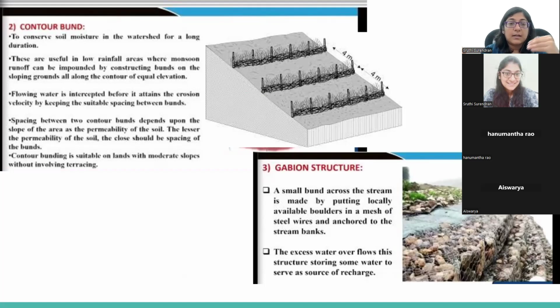This is why, if it is a soil with lesser permeability, these bunds have to be constructed at a closer spacing. Flow of water within the soil will be less, so we have to control the runoff a little more than in soil with a higher permeability.